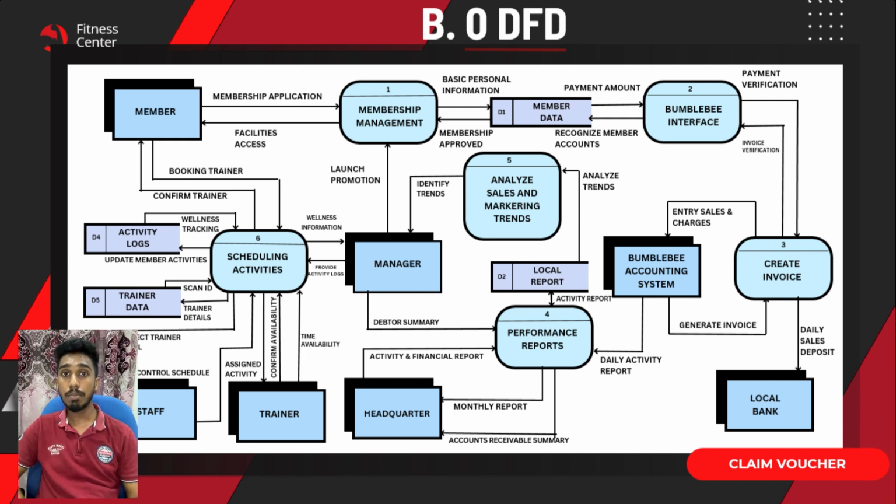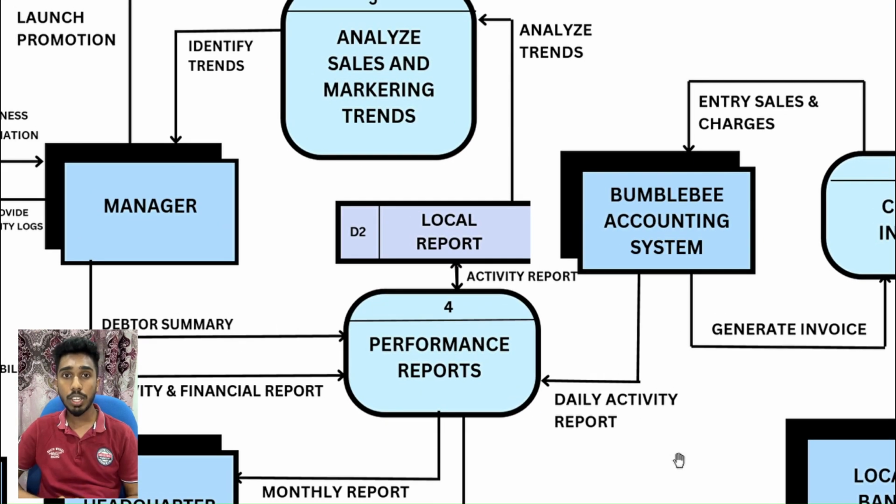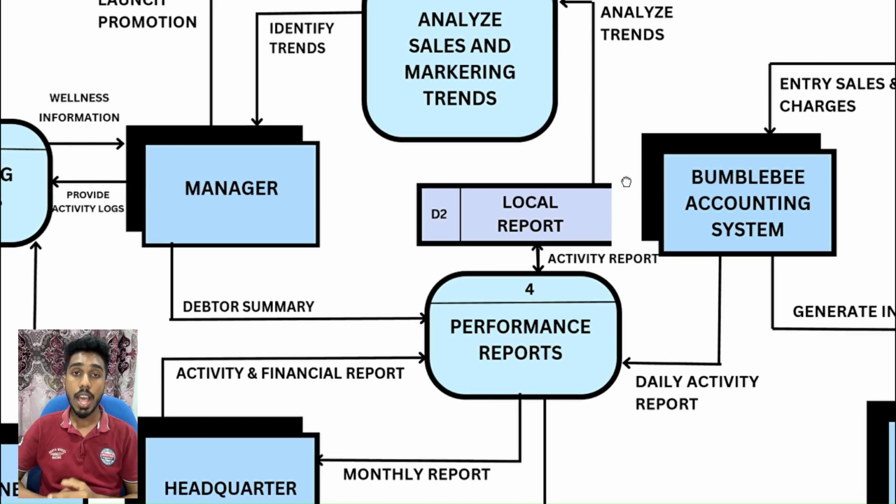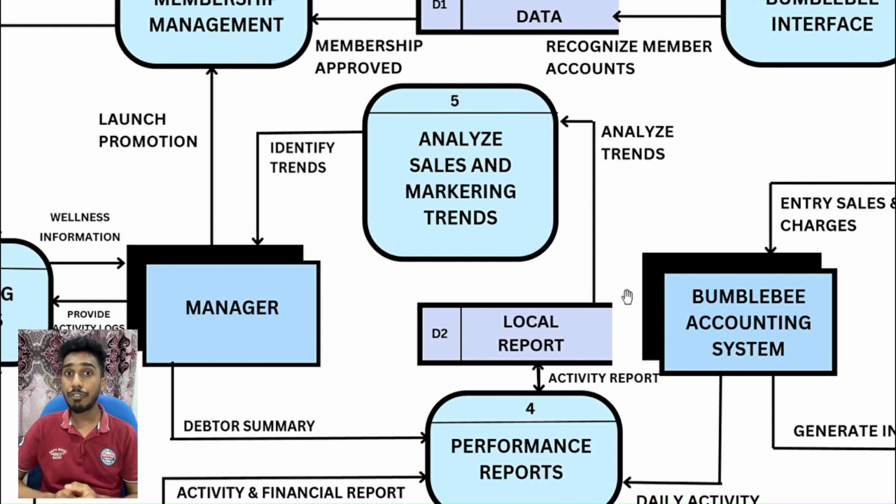The Bumblebee system produces a daily activity report listing all sales transactions, which goes to the performance report process and stores all the activity reports in the local report store for future usage. As mentioned in the question, the manager wants more analytic features so that they can spot the trend, launch special promotions and temporary discounts, and also provide an account receivable summary to the headquarters for their use.